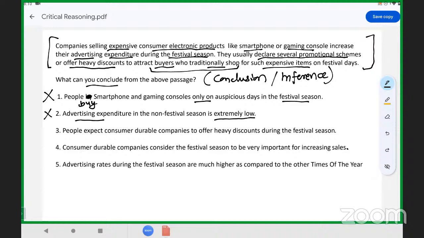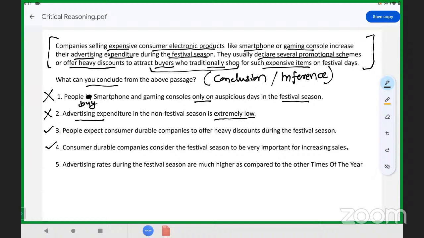Next, people expect consumer durable companies to offer heavy discounts during the festival season. Yes, this has some inference with the passage, because it covers the consumer durable part, the discounts part, and the festival season. Next, consumer durable companies consider the festival season to be very important for increasing sales.